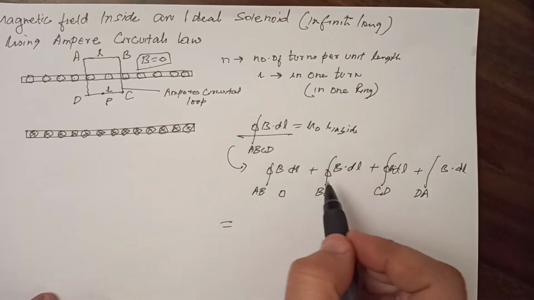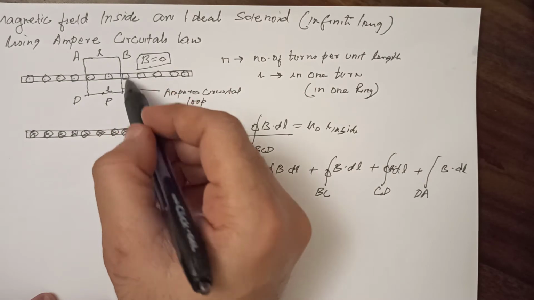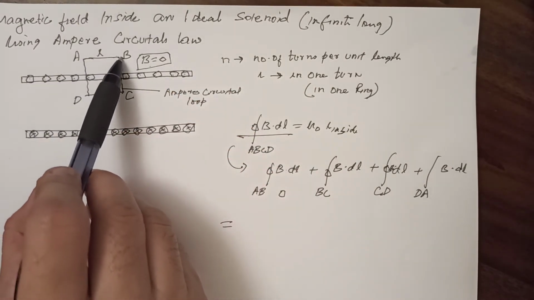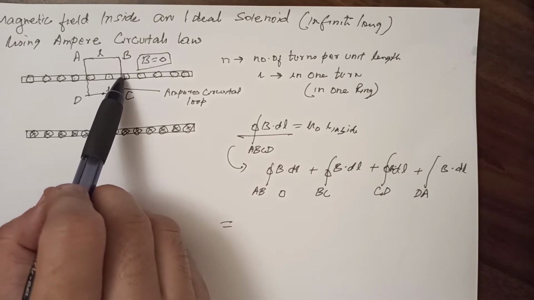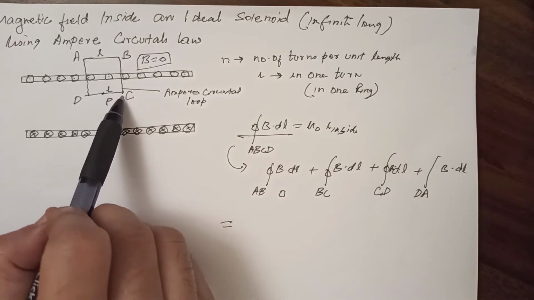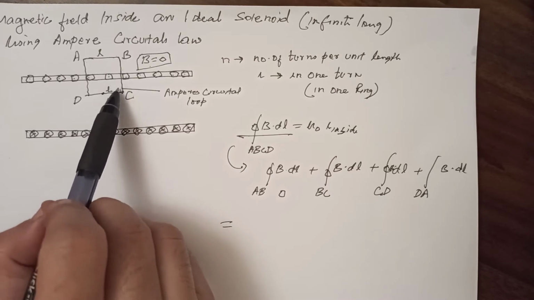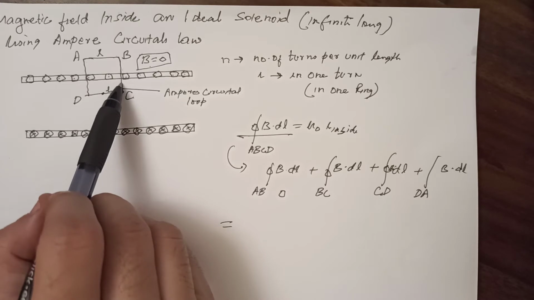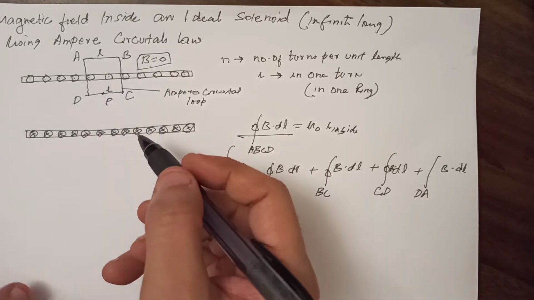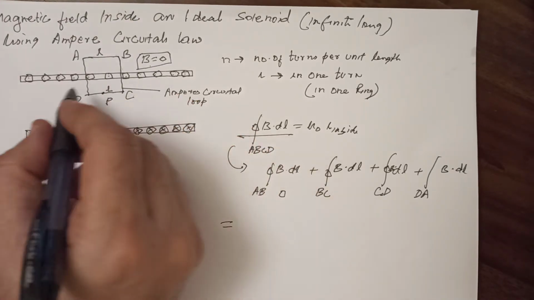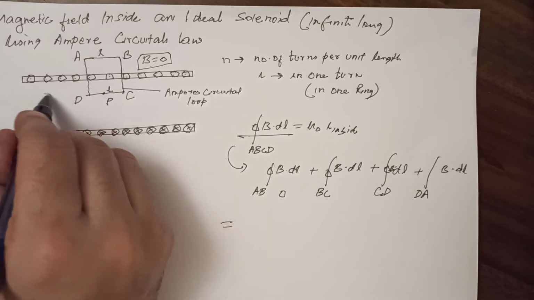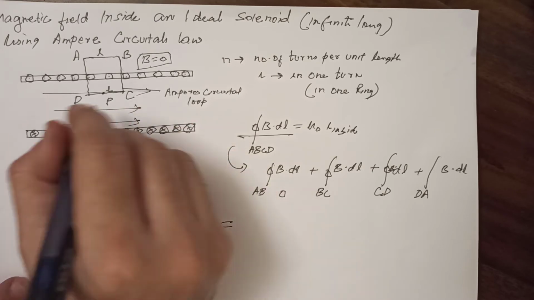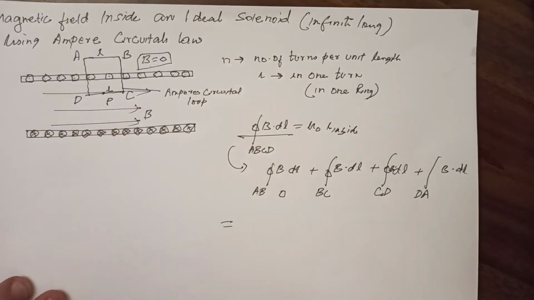Now in BC, this portion from B till the point where it touches this bar is 0, and the rest of the portion is perpendicular to B. Remember the magnetic field inside the solenoid is in this direction, as we have studied earlier.